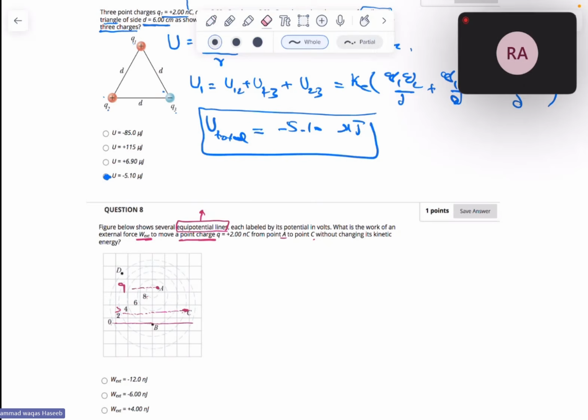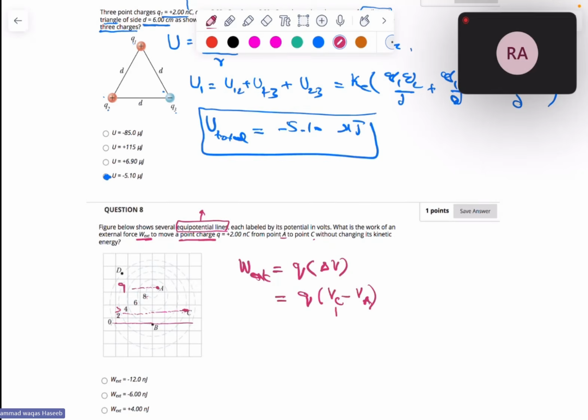So how do we calculate the work done? External work done is calculated by Q delta V. What is delta V? Delta V is nothing but VC minus VA, the second point minus the first point. The charge is given as 2 nanocoulomb, the potential at point C is 3 volt and the potential at point A is 9 volt.